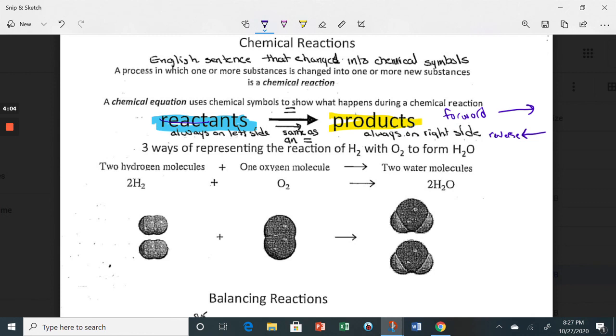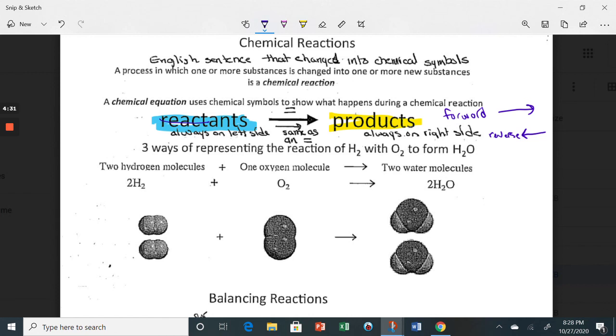You make a product, and then it changes. It can be a decomposition, but it doesn't have to be. You go forward and make your products, and those products then break apart and go backwards and remake your original reactants. So in some cases there is forward and backwards.